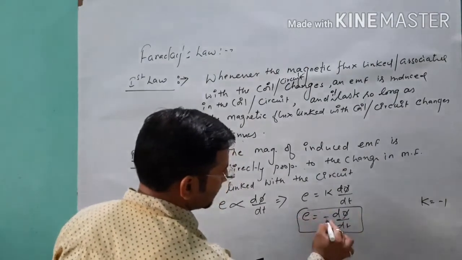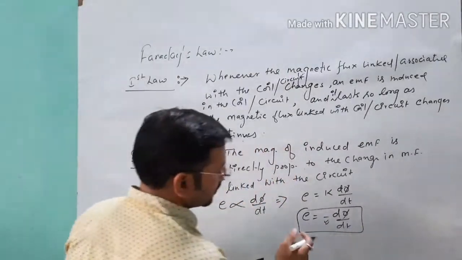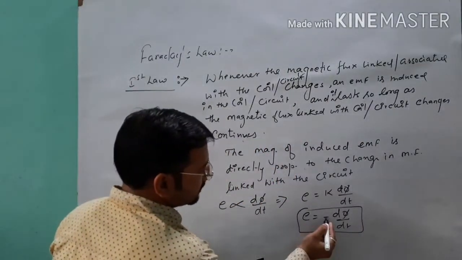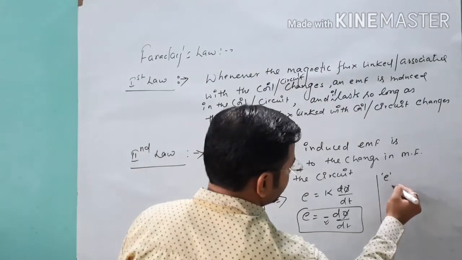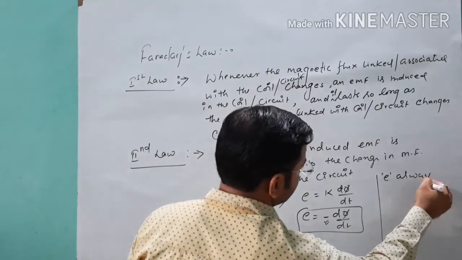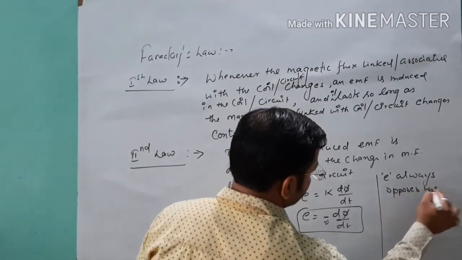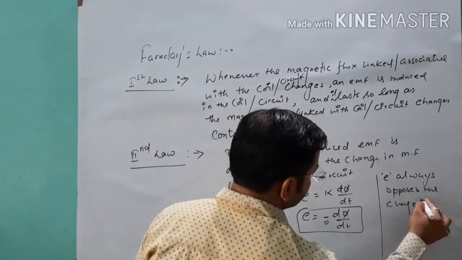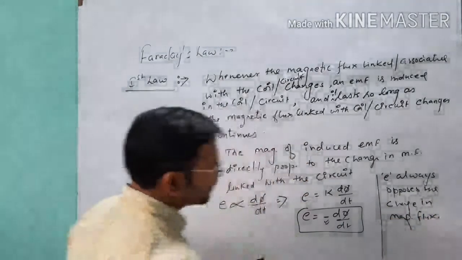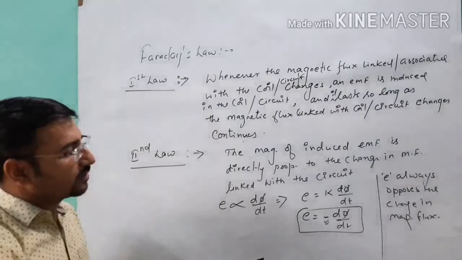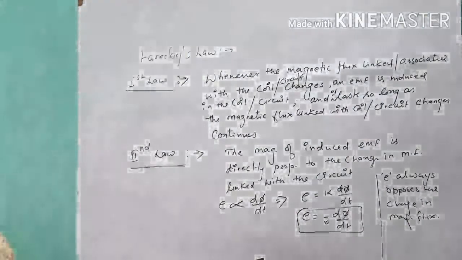This negative sign tells us about the direction: the EMF E always opposes the change in magnetic flux. Point clear? So this one is the second law of Faraday.